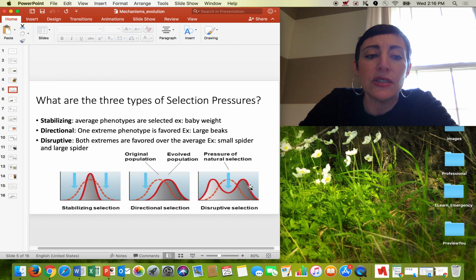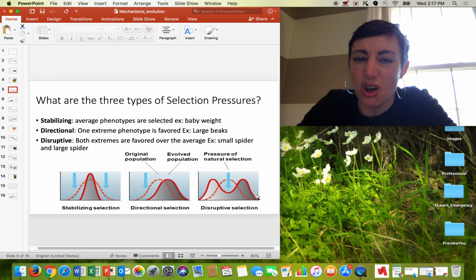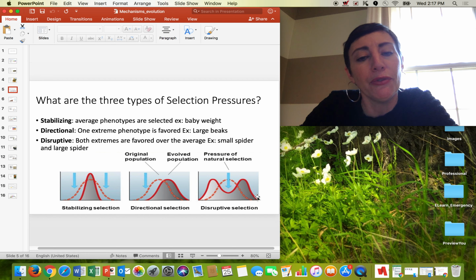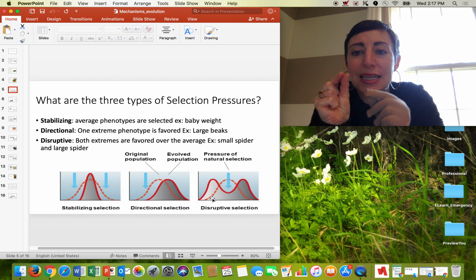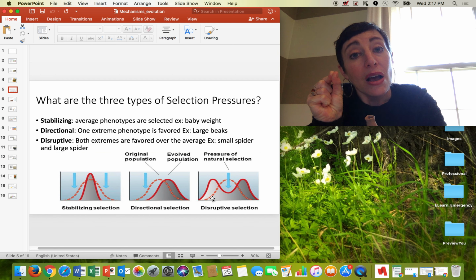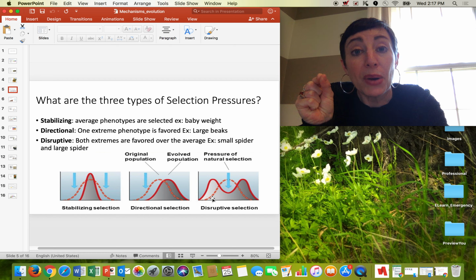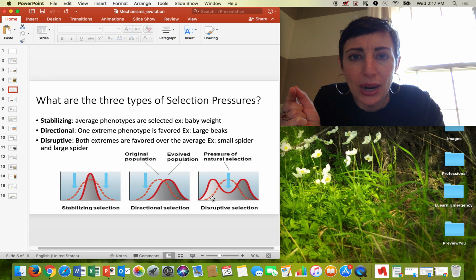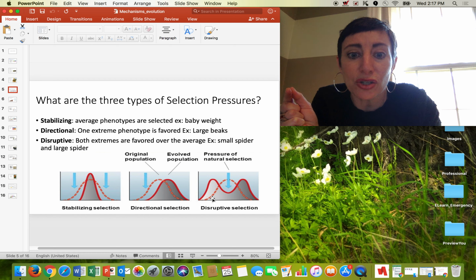Okay? The last one is called disruptive. So disruptive is where both extremes are favored over the average. For example, if we're talking about spiders, maybe little teeny spiders, we'll see more of those in a population because they can hide from their predators. So they hide and they survive longer.